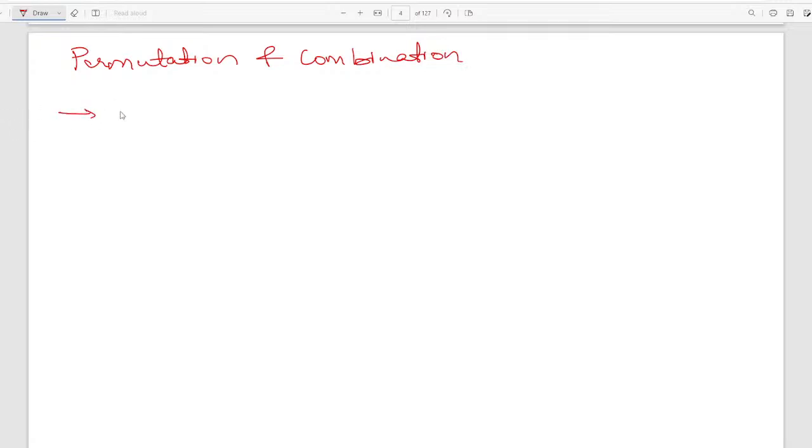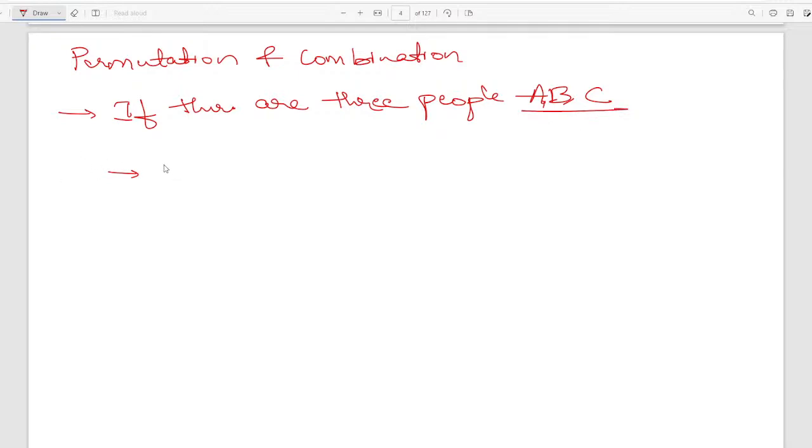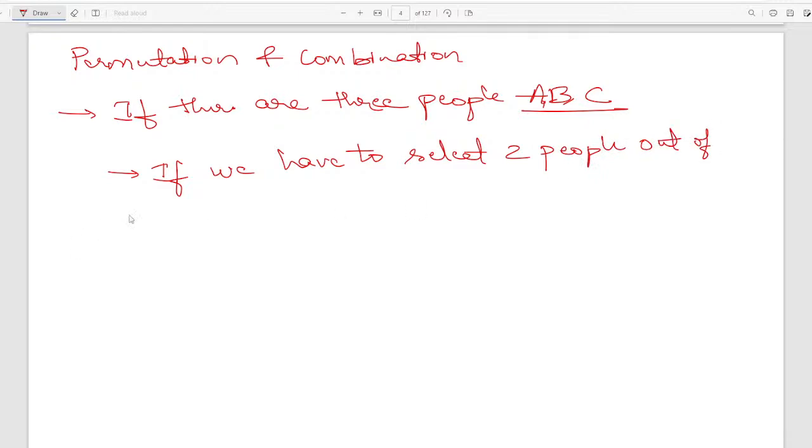If there are 3 people, A, B, C, and we have to select 2 people out of these 3, here there is selection, but there is no order.